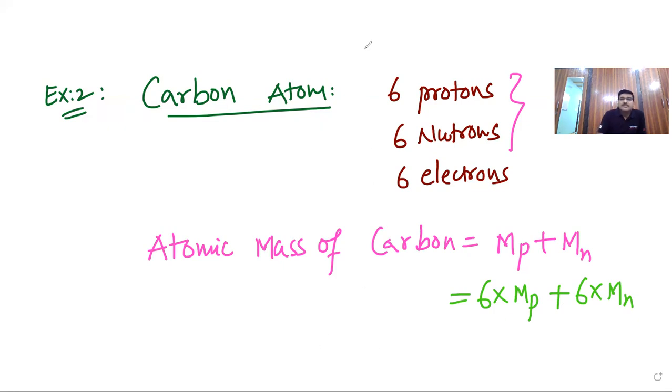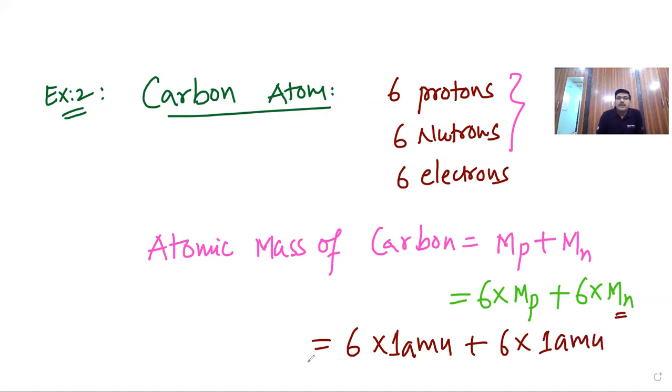That means here 6 into mass of proton, which is 1 AMU, 1 atomic mass unit, plus 6 into mass of neutron, which is also 1 AMU. So on simplification, this becomes 12 AMU.